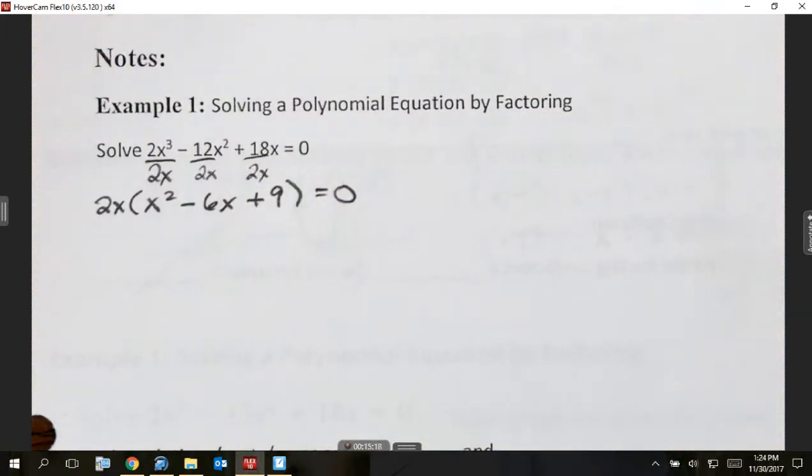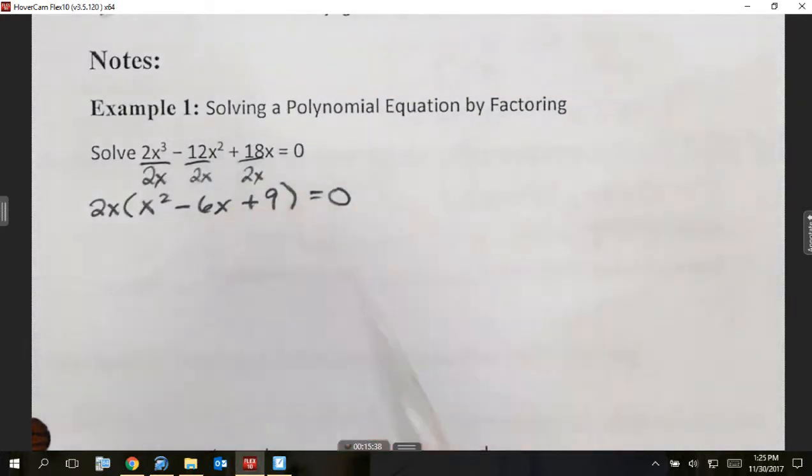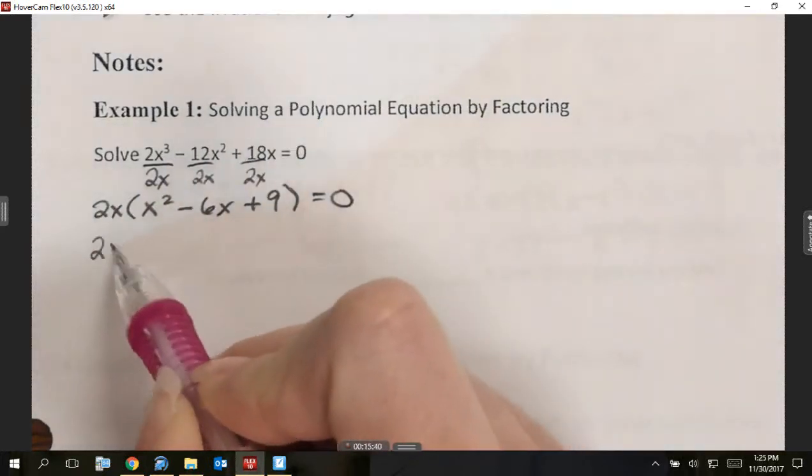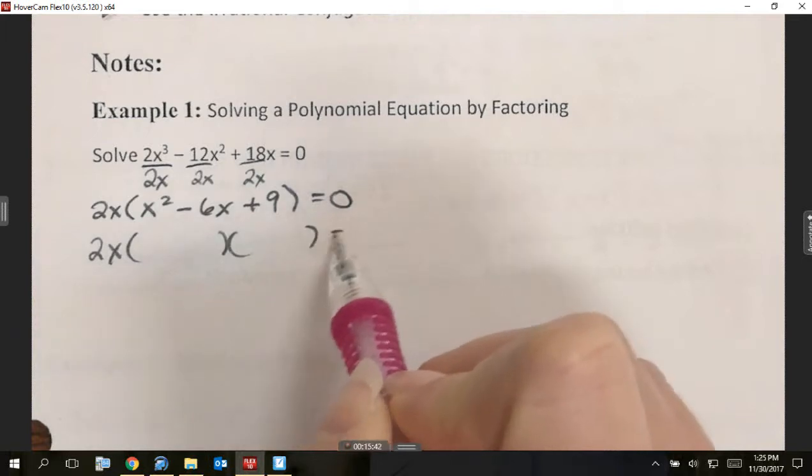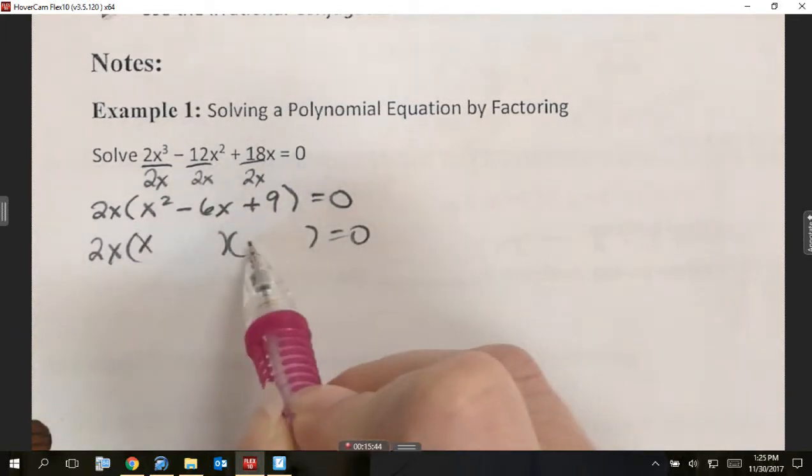Factored out that GCF, then what do we do? Is it factored all the way? What do we do then? Guess and check. Because we have a trinomial, we're going to guess and check with that trinomial. So I'm going to have two parentheses. x and x.